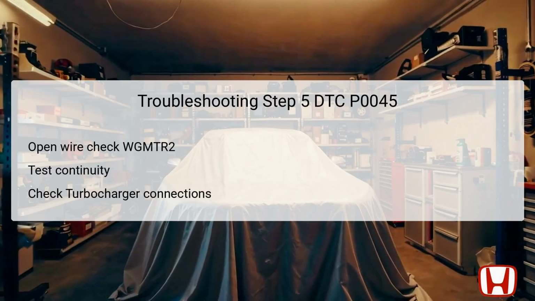Inspect continuity between Turbocharger 5P connector terminal number 1 and PCM connector E terminal number 25. A continuity reading indicates that the circuit is intact, while a lack of it signifies an open wire issue that may need additional repairs. Identifying any breaks in this line is important for restoring proper functionality to the wastegate actuator.